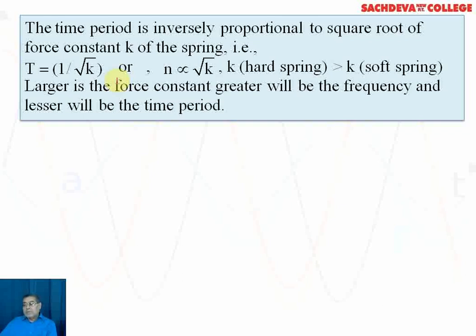The displacement may be vertical or horizontal. So the unit of spring constant will be Newton per meter, and from that we can also estimate the dimension. So k is F over displacement. For F, we can put MLT minus 2 divided by displacement L, and we can get the dimensional equation of k. The larger the force constant, the greater the frequency and the lesser the time period.